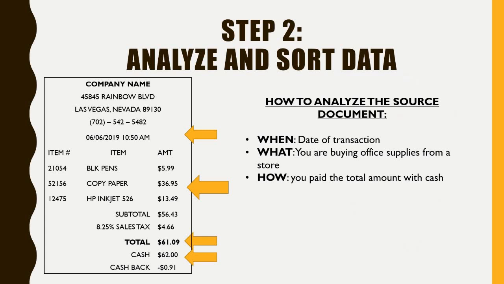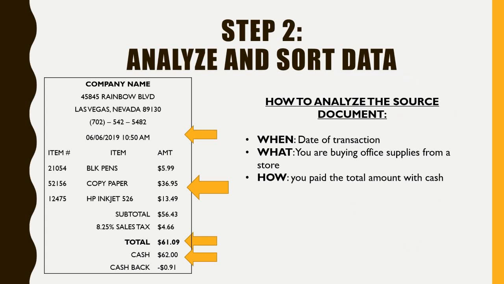And once we've collected and analyzed that information, now we have to figure out how we are going to sort it. So this is where step 4 and step 5 come into play, right? Because now we have our information. We know how we purchased these office supplies: we used cash and we have office supplies.